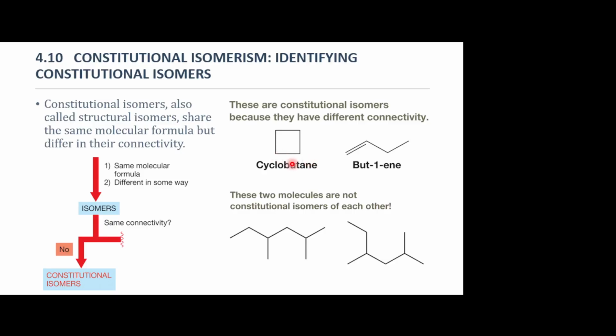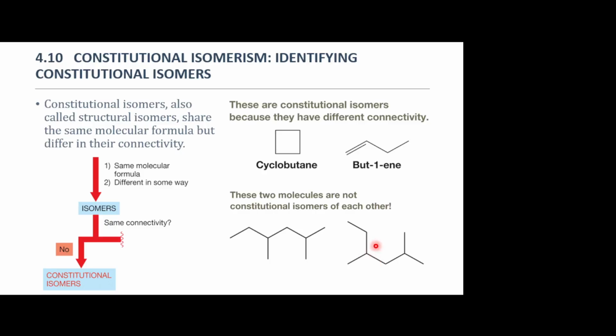molecules, right? Okay, so again, these two right here are not going to be constitutional isomers of each other. Okay, does anybody know why? I mean, they look different on the paper, right? Yeah. These are conformers of each other, aren't they? Yeah. And so all that's happened here is this right here has just been rotated.